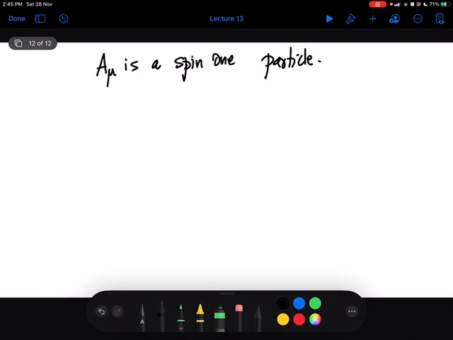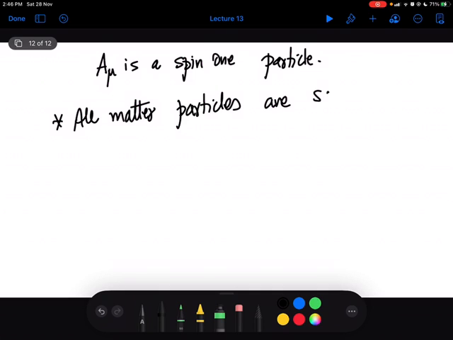So what are its solutions? So far we have not seen any spin one particle when we did the equations of motion. For all the particles, we started with the fact that all matter particles are spin half, or if you neglect the spin, it is spin 0.